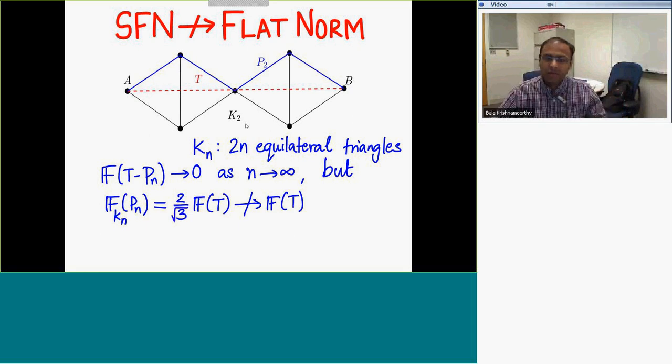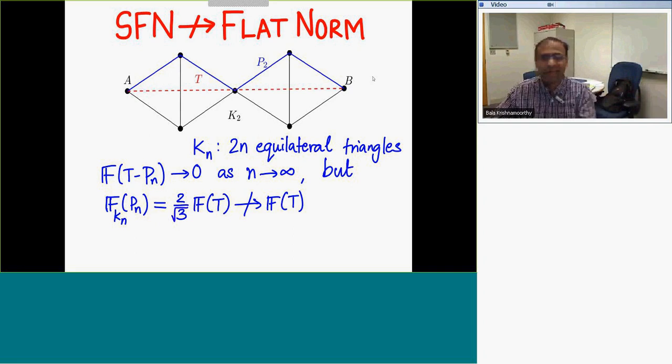So the flat norm distance between T and Pn goes to 0, because it's just the area of the top half of the triangles, and with finer and finer angles, that goes to 0 as n goes to infinity. But the flat norm of the top curve is 2 over root 3 times the flat norm of the straight curve, which in this case will just be the length.